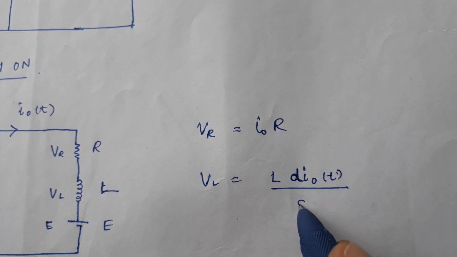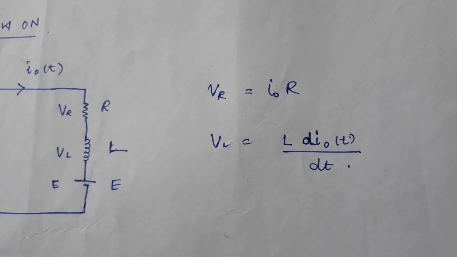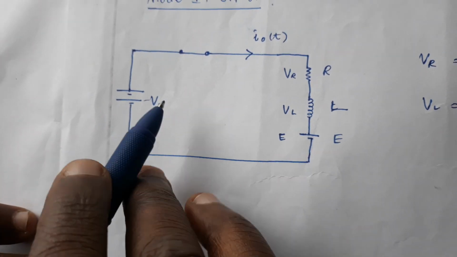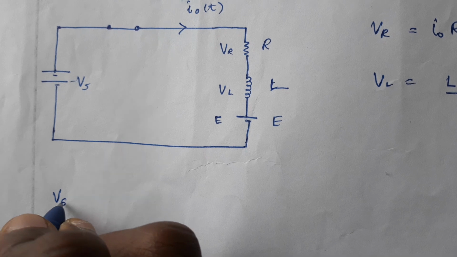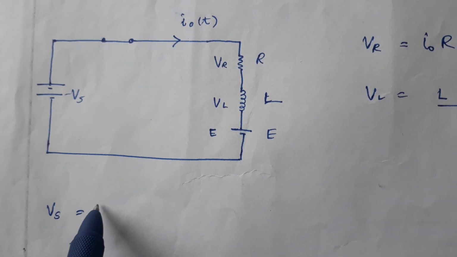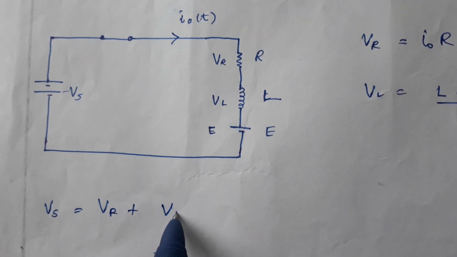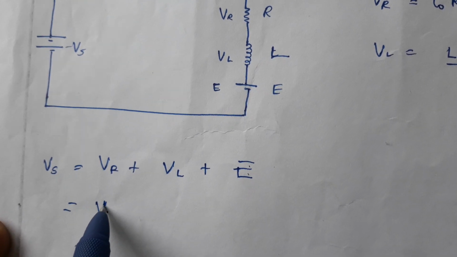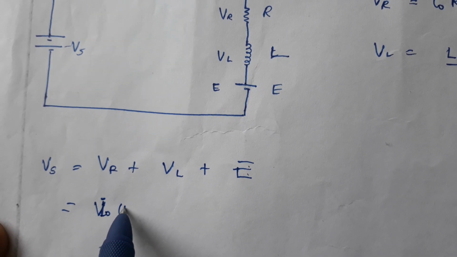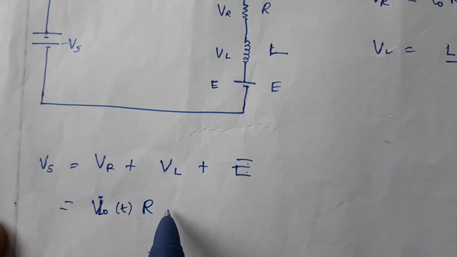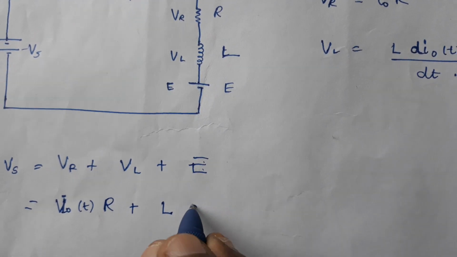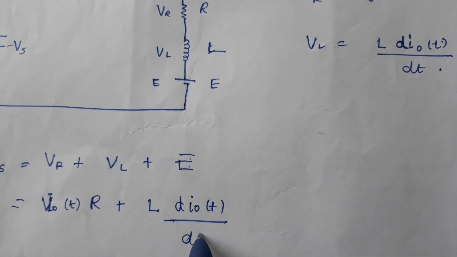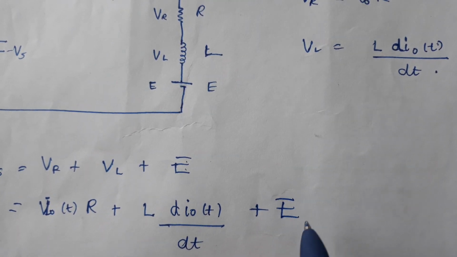So when the switch is on in mode 1, the KVL equation gives Vs equals VR plus VL plus E, which is i_out in time domain multiplied by R, plus L di_out/dt, plus E.